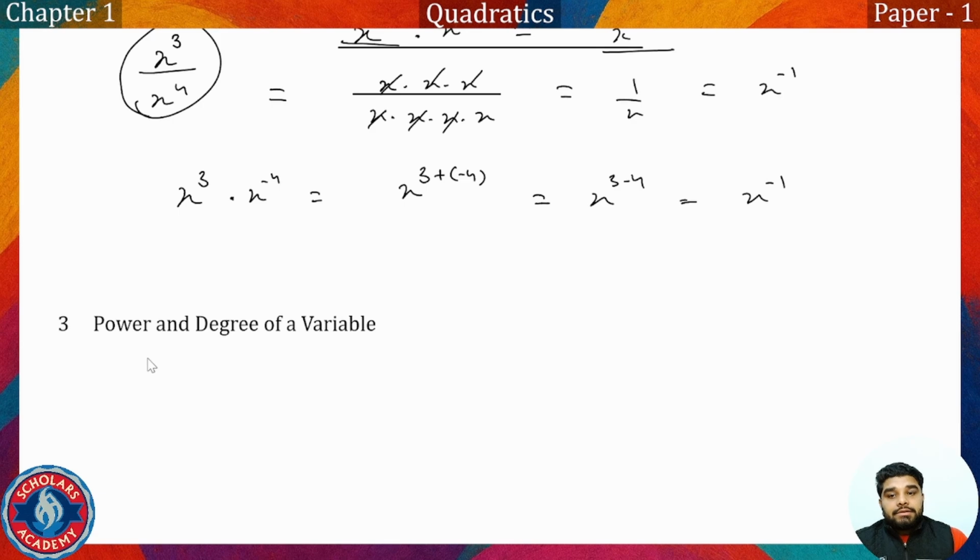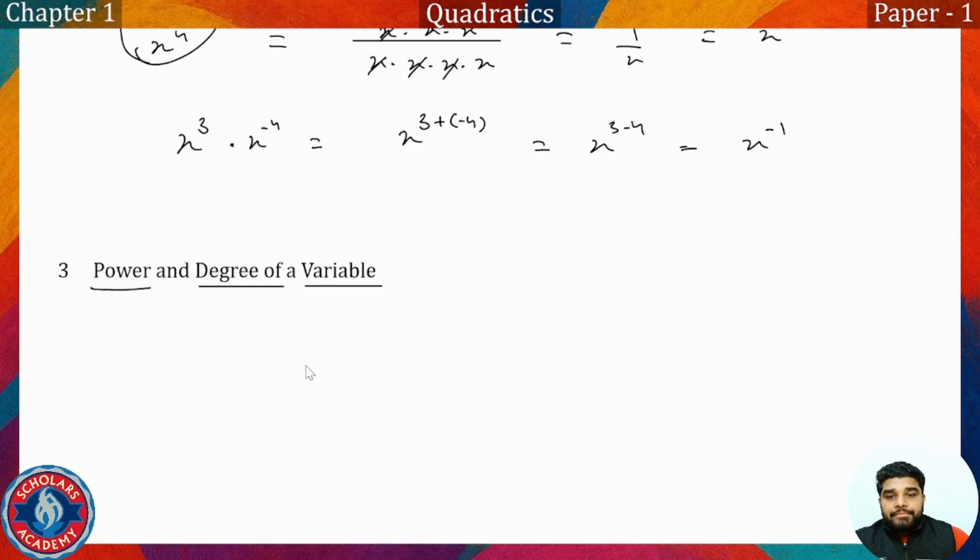Now what is power and degree of a variable? If I say x to the power 7, this 7 is the power as well as the degree of a variable. Degree is normally used in terms of a longer equation.